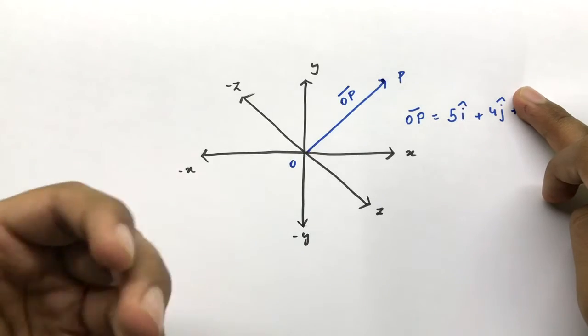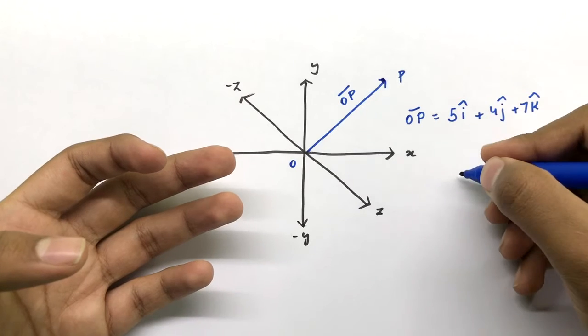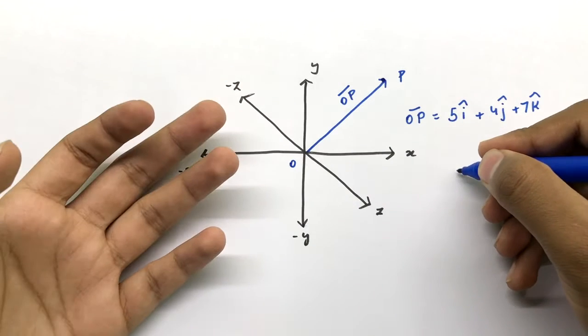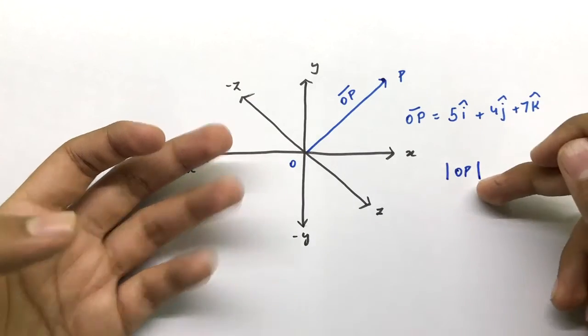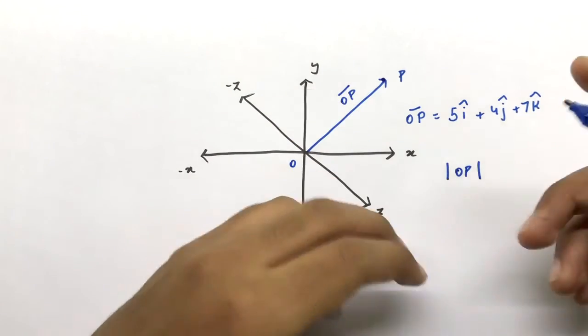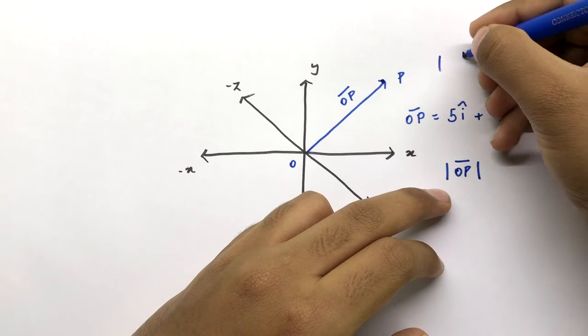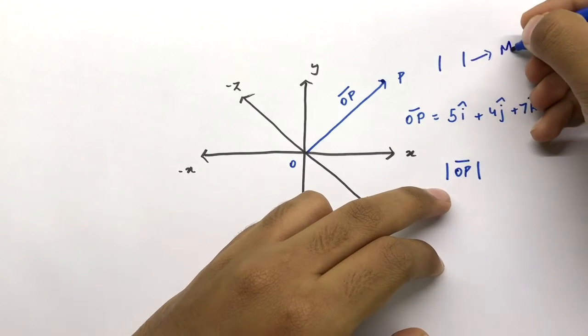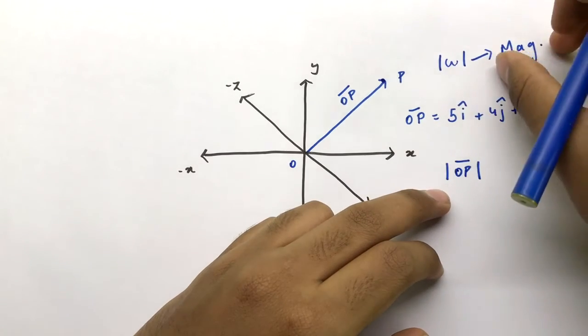So all that we essentially did using Pythagoras theorem to calculate the magnitude was we did the magnitude of the vector OP. The magnitude is represented by these 2 lines. It's called the modulus. So when I say mod OP bar, this mod means magnitude. So mod of anything will give you the magnitude of that thing.